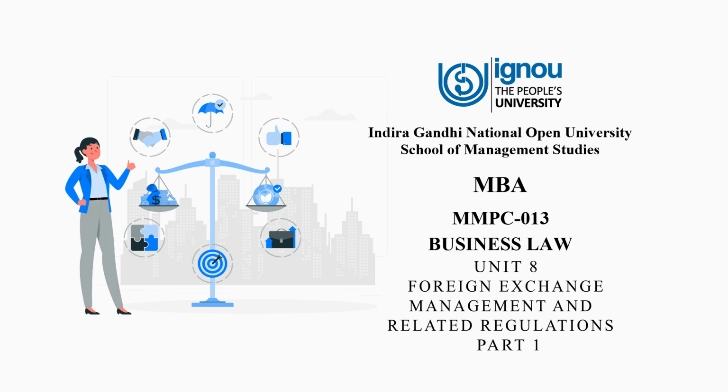However, it was further replaced by the FERA 1957. The immediate predecessor of FEMA was the Foreign Exchange Regulation Act 1973. It was enacted with an objective to regulate the foreign exchange rather than managing it.